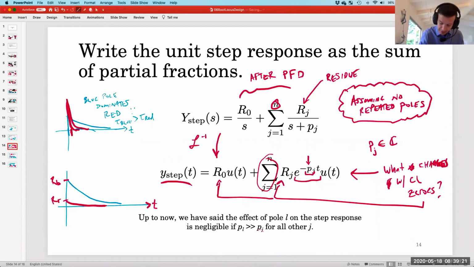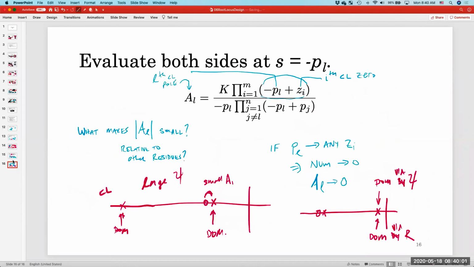The time constants of all these modes depend exclusively on the poles. They are not affected by the zeros. So it doesn't make sense to compare the real part of a pole to the real part of a zero, because what we're trying to do here is compare the time constant of pole 1 versus pole 2. The zeros don't enter into that. Thanks for clarifying that for me.